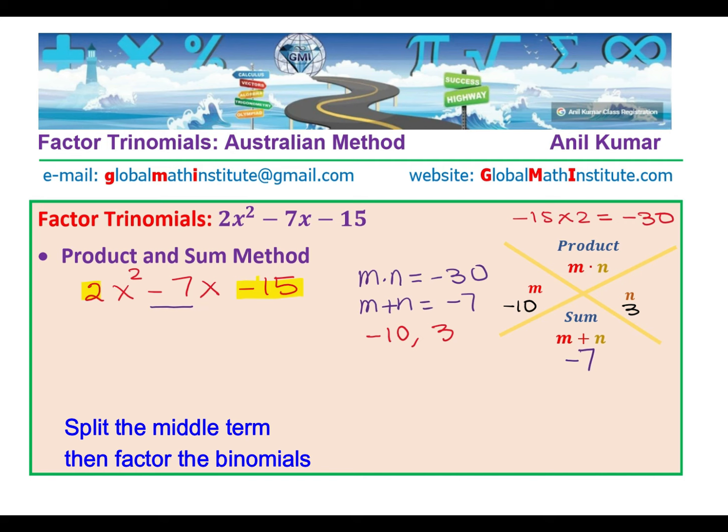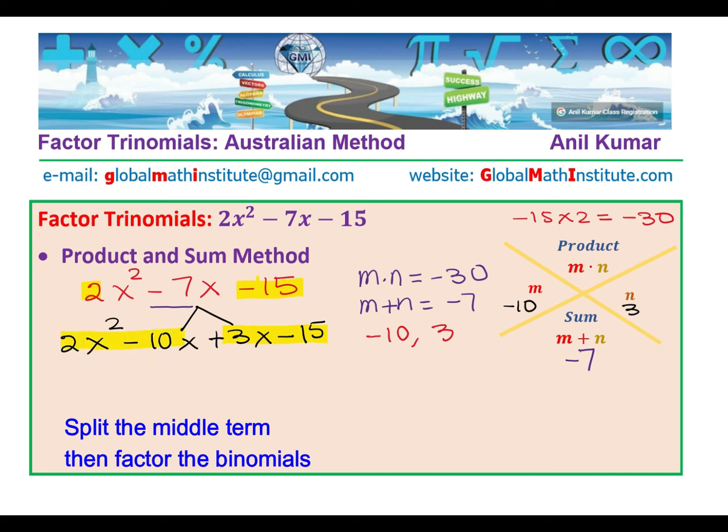In this standard product and sum method, we split the middle term into two terms and rewrite the expression as 2x squared minus 10x plus 3x minus 15. After that, we factor the two binomials.